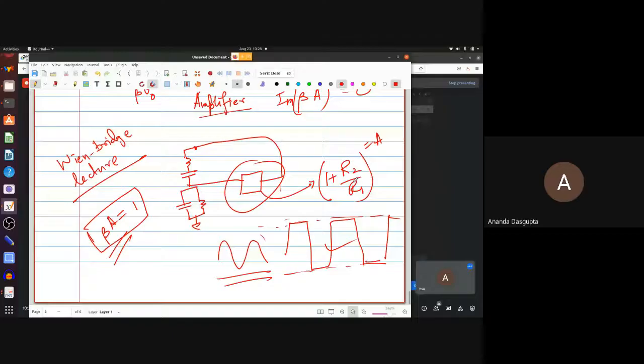However, if you made R2 with an ordinary resistance which does not heat up too much, and R1 with something which heats up a lot and whose resistance changes a lot, then this can work, right? So can you think of something for which the resistance changes a lot with the amount of current flowing through it?